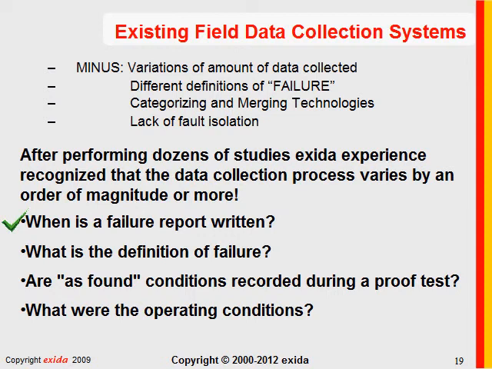It's very important that any data analyst understands the definition of a failure. In some cases, particularly with manufacturers, their definition of failure is quite different than the end user's. As-found conditions: we must ask the question, are as-found conditions recorded during a proof test? And of course, what were the operating conditions?